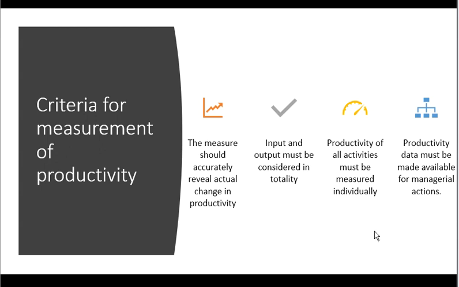Next one is the criteria for measurement of productivity. There are many criteria. The measure should accurately reveal actual change in productivity.